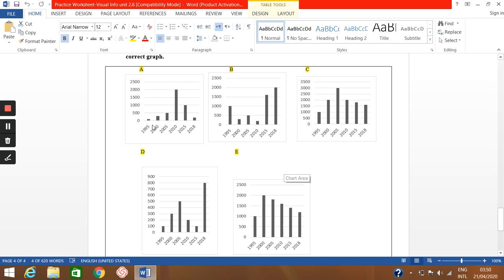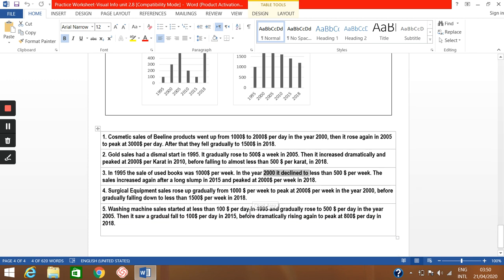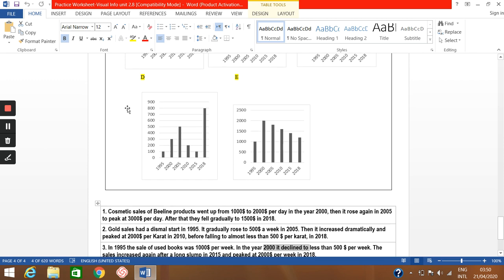So I think we have already chosen A and B and C. Now we remain with D and E, these two left here. So let's look at it again and let's try to find a clue that can help us to decide whether it's going to be, for example, D or E here.